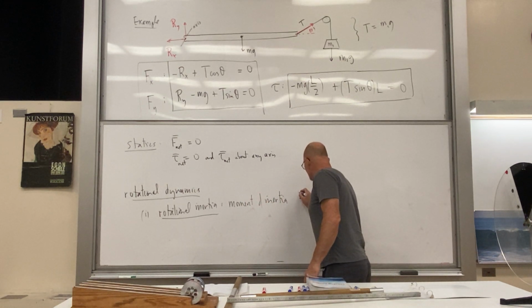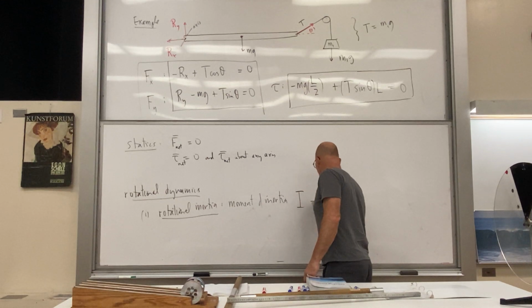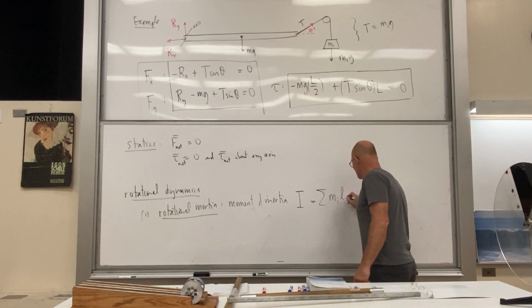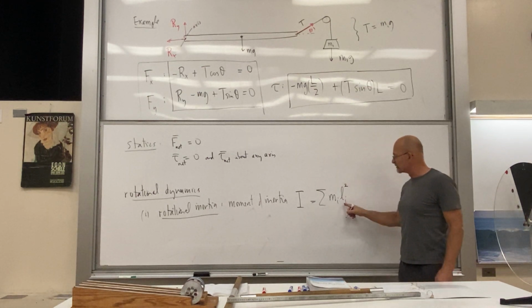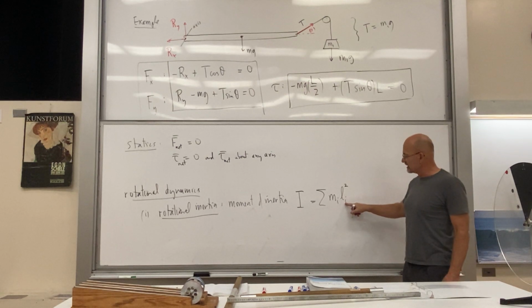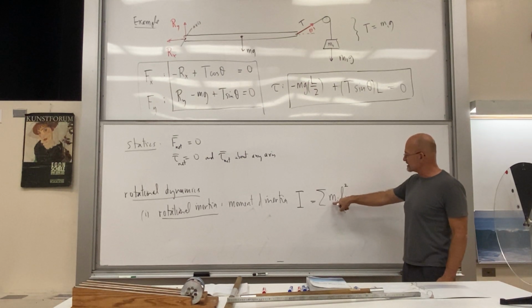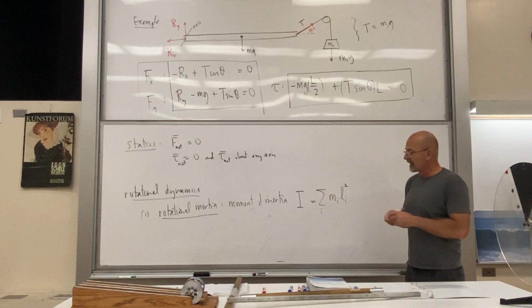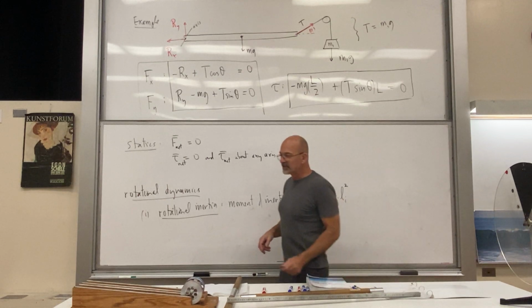Moment of inertia, get the letter I, and it is the sum of the masses times their distance from the axis of rotation squared. You sum over every mass and its distance from the axis of rotation squared. And there are interesting consequences to that.